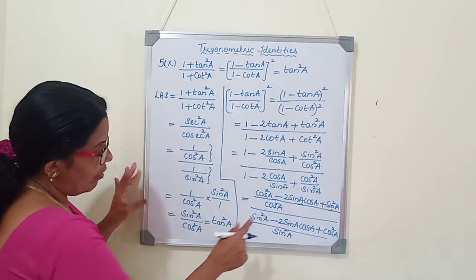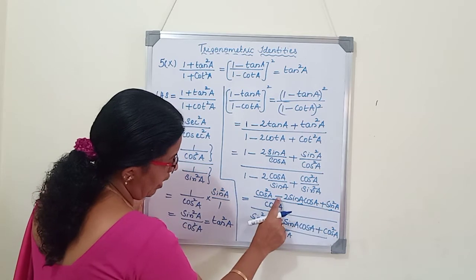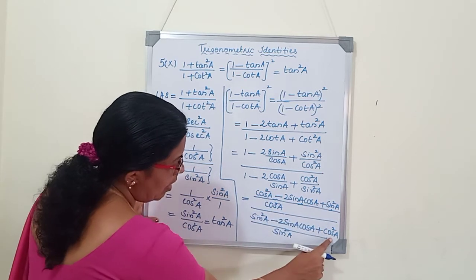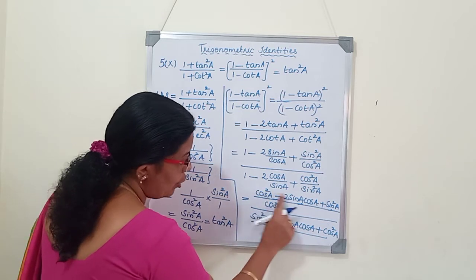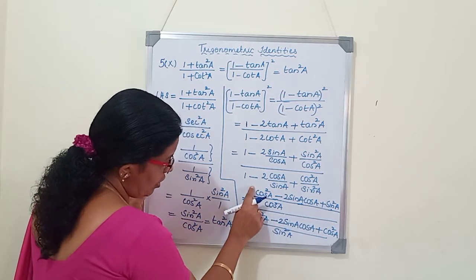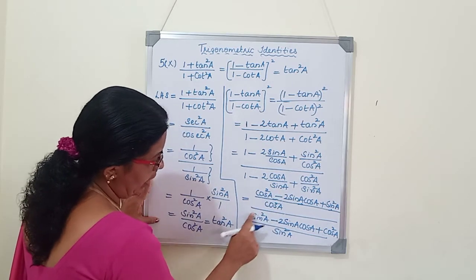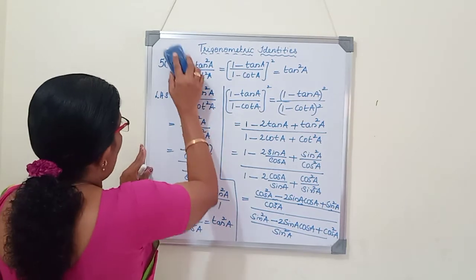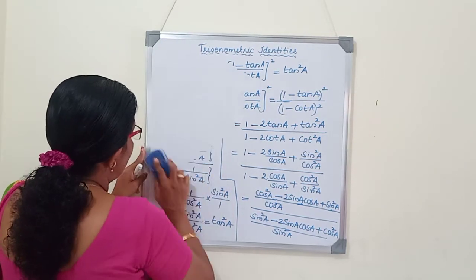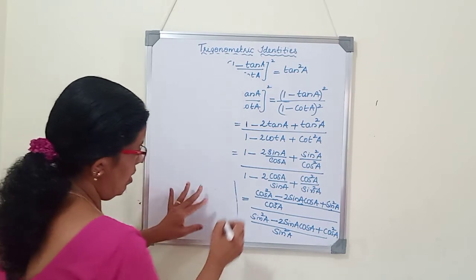Now you see the numerators. Cos square A plus sin square A minus 2 sin A cos A. Cos square A plus sin square A minus 2 sin A cos A. The numerator of the first fraction and the numerator of the denominator fraction are both the same. So here we will take the reciprocal, and when we simplify, we can directly cancel numerator with numerator.